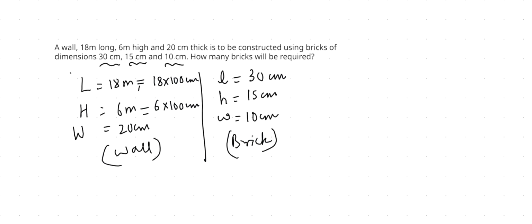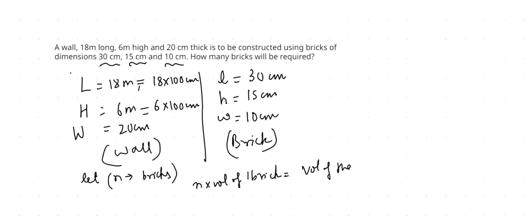How many bricks are required? Bricks have no dimension. It's a count, right? So let n bricks be needed to construct the wall, to complete the wall. That means n into the volume of one brick should be equal to the volume of the wall.